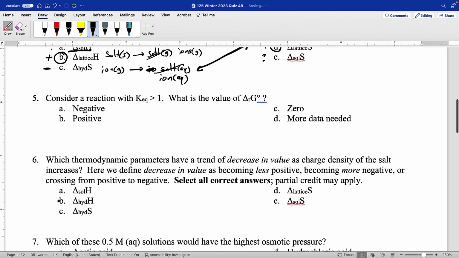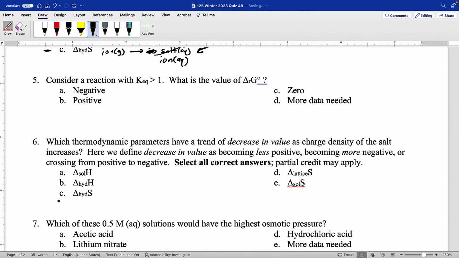Okay, number 5. Consider a reaction with K greater than 1. What's the value of delta G standard? You can think of this as a good reaction. It's product favored at equilibrium. We have higher concentration of products than reactants. And you know a good reaction is going to be one with delta G standard negative.